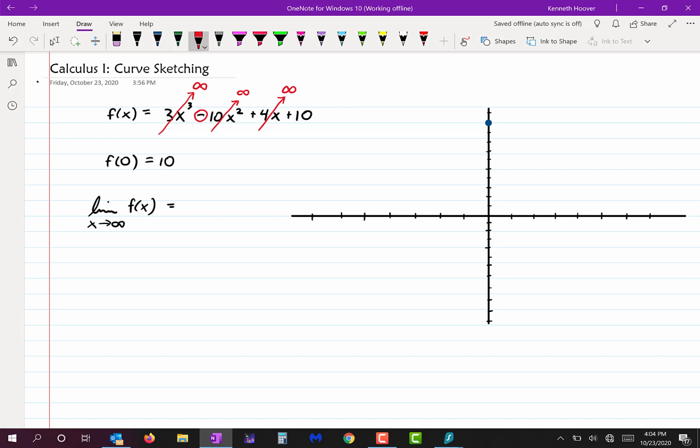Is that going to come out to be a positive infinity or a negative infinity? I mean, this is a little tricky. Right here, we have infinity minus infinity, right? Is that going to be 0? Well, the answer is no, and here's the reason why.